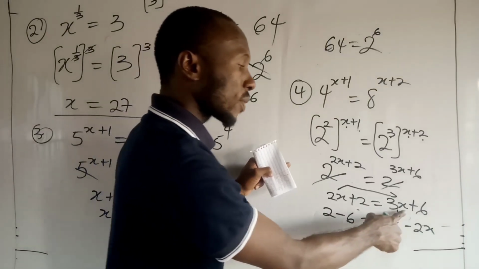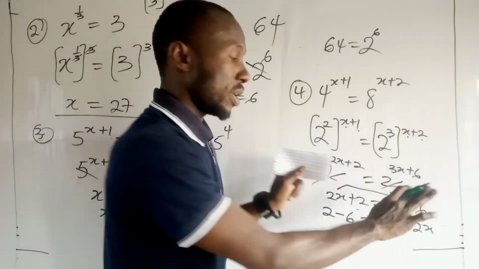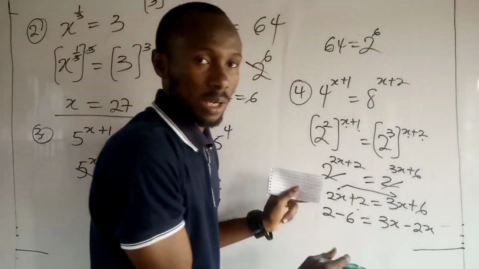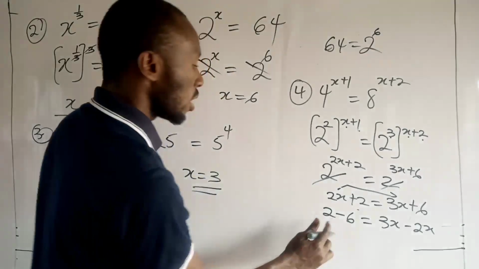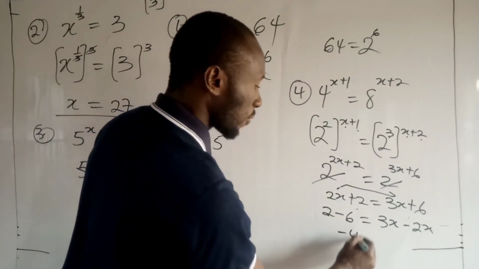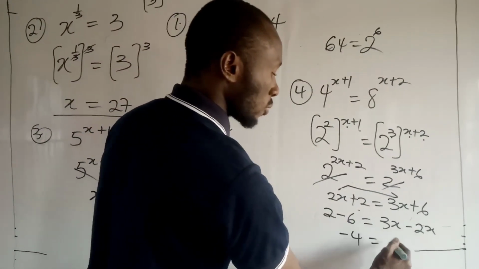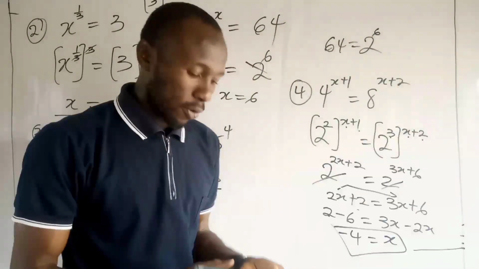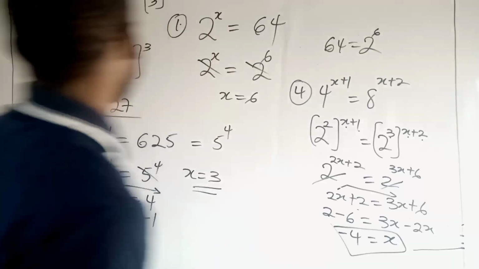I want the x in the right hand side, so when I took 2x to this side, it becomes negative 2x. Therefore 2 minus 6 gives minus 4, and 3x minus 2x gives just x. So x is equal to minus 4. Let me clean this part.